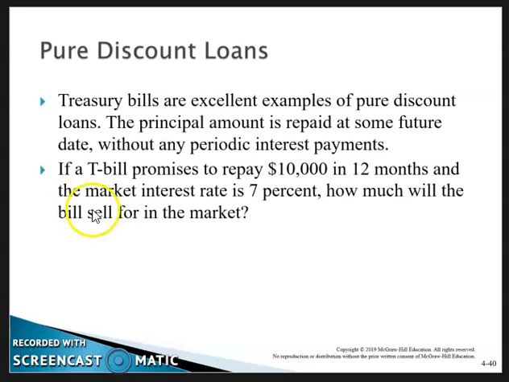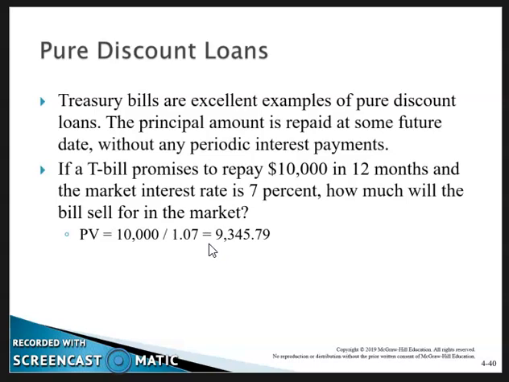Anyway, if a T-bill promises to repay $10,000 in 12 months and the market rate is 7%, how much will the bill sell for in the market? The present value is just 10,000 divided by 1.07, or $9,345.79.